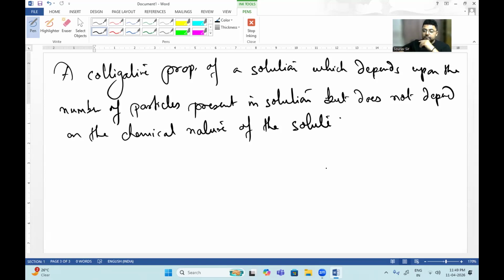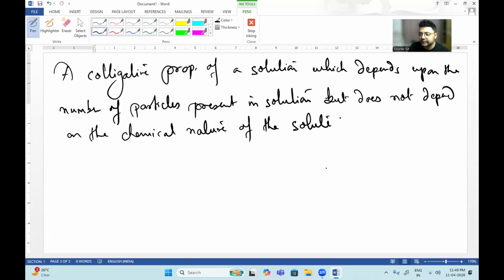The person who is a cricketer, a footballer, or associated with any other work is also voting. So it is the number of particles, the number of people who are voting, and it does not depend on the quality and what type of people are voting. Okay, so this is our total format.